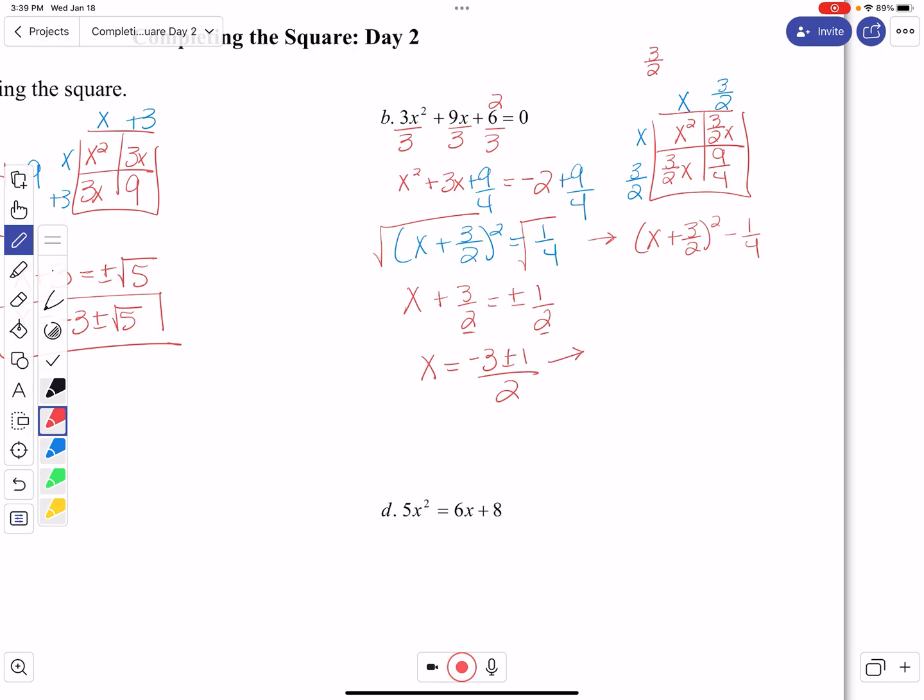So I can do 2 problems now. Negative 3 minus 1 over 2. Negative 3 plus 1 over 2. So negative 3 minus 1 is negative 4 over 2, which is negative 2. And negative 3 plus 1 is negative 2 over 2, which is negative 1.